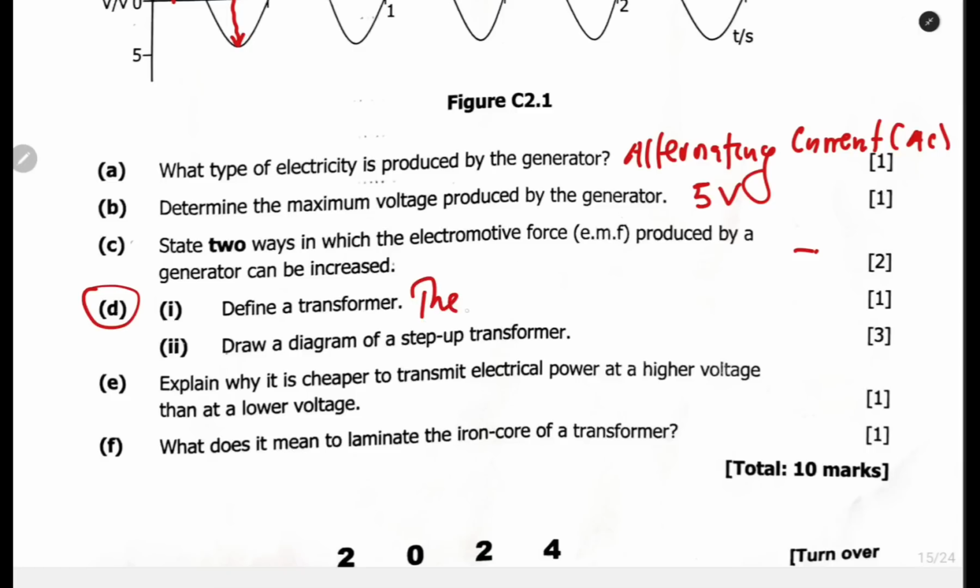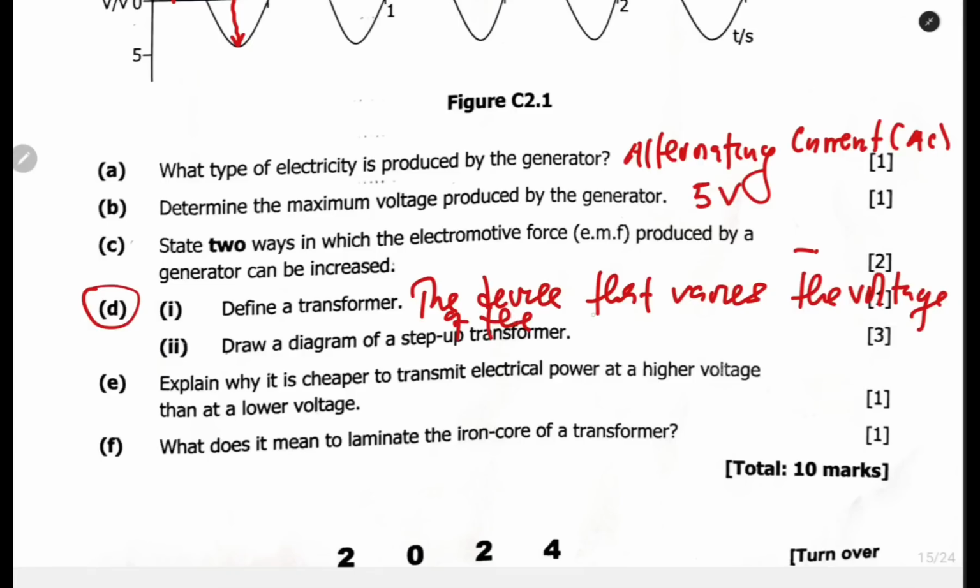So in writing, you can say the device that varies the voltage of the AC supply. That is a transformer.